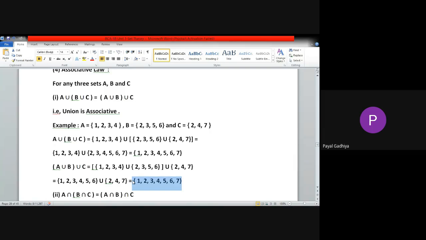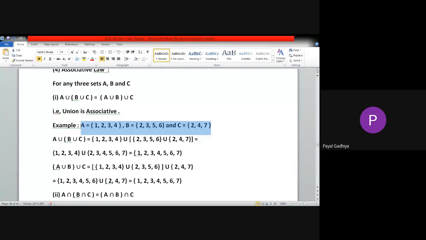Okay, now the next. First, find A union B. What will be A union B for these three sets? Yes, it will be 1 2 3 4 5 6.